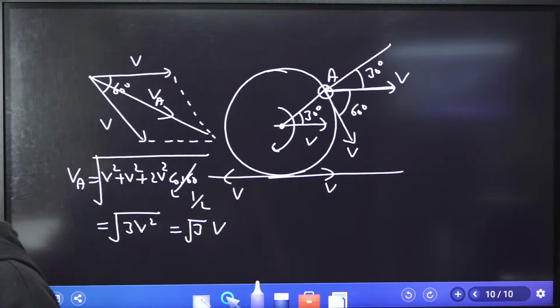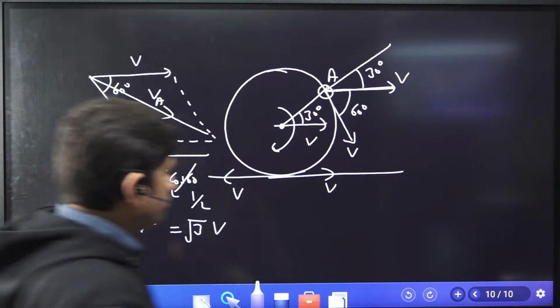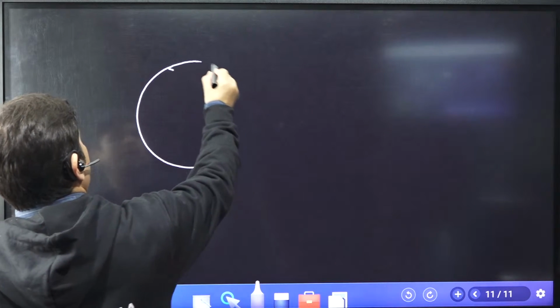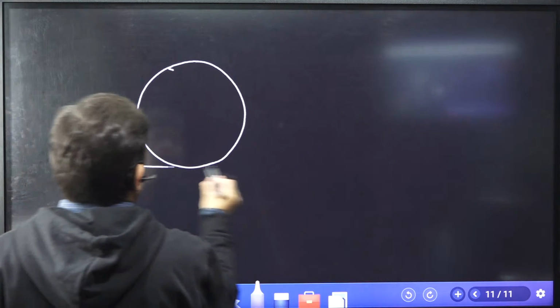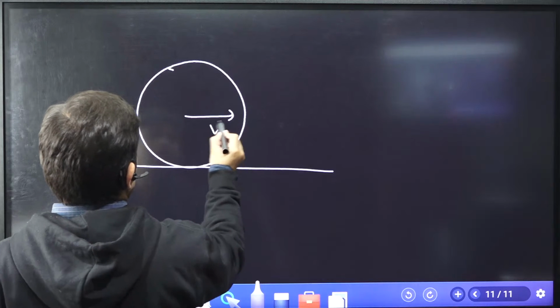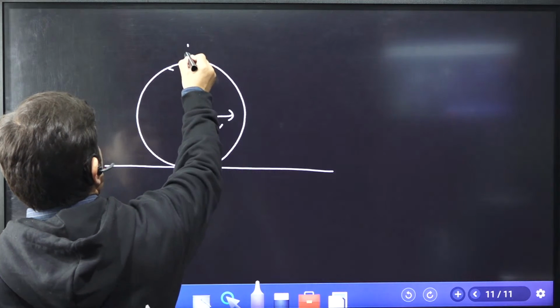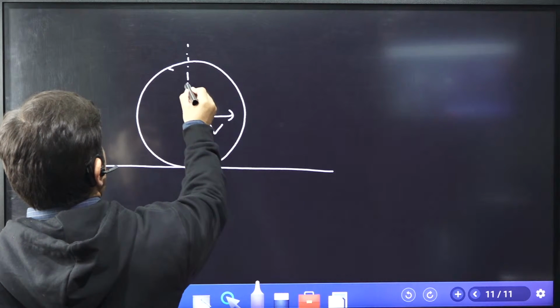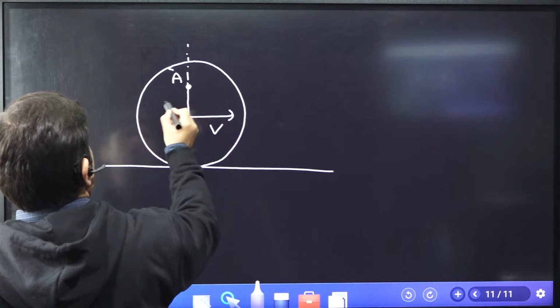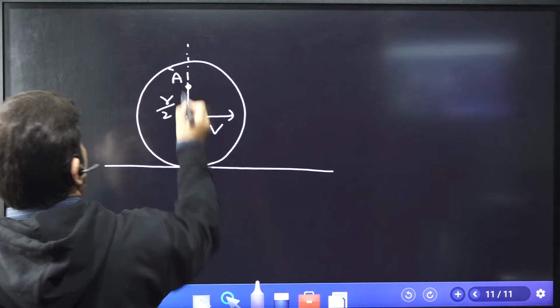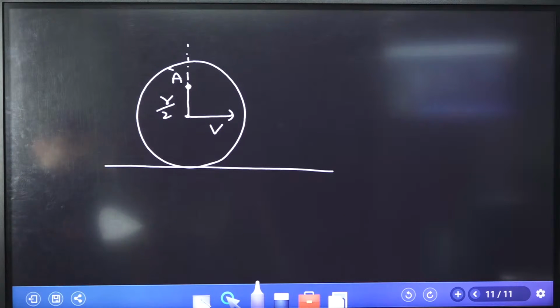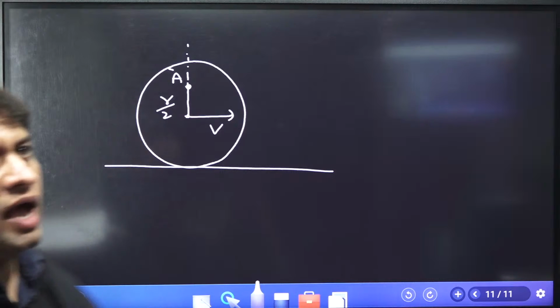Now let me give you the next question, which may be related to this only. I'm again giving you a rolling body, and it is moving ahead with velocity v. Now you have to tell me, if I give you a point A at radial distance r by 2, find the velocity of the rolling body at this point.